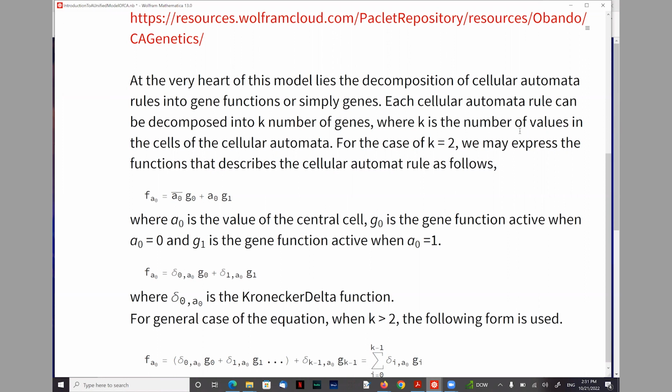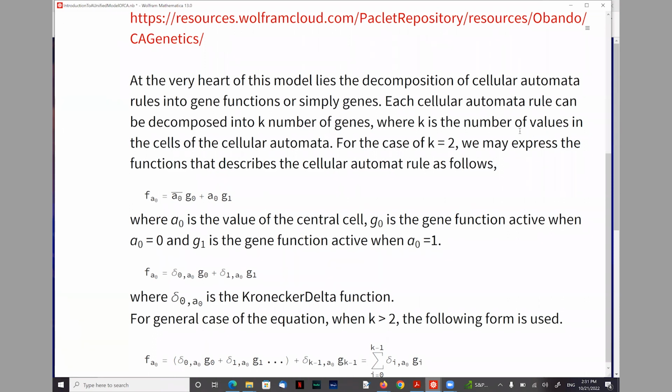This is f of a sub 0, where a sub 0 is the central cell, and then we have a sub 0 naught, g sub 0 plus a sub 0, g sub 1, where g sub 0 and g sub 1 are the gene functions. So any of the rules for k equal to 2 can be expressed this way.